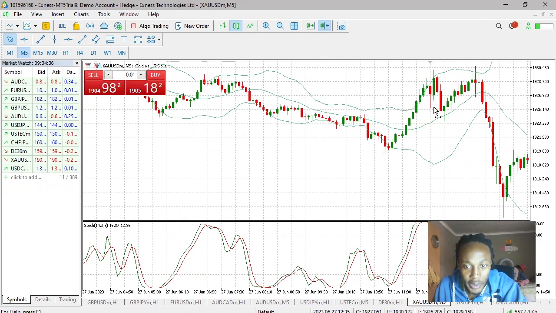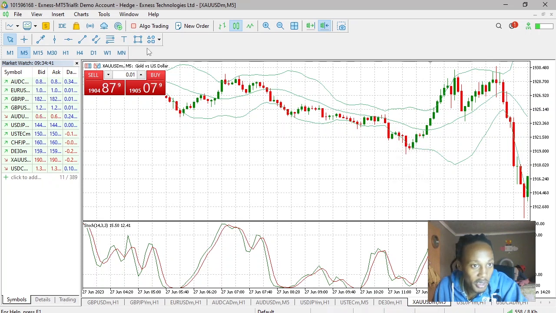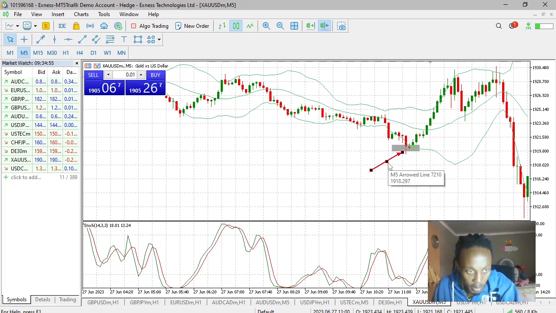So like here, you got your signals. This is nice, especially the candlestick formation. It's a morning star formation. So you got your signal here, then you entered here.